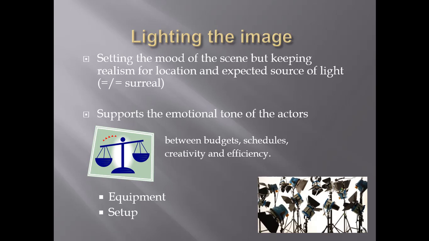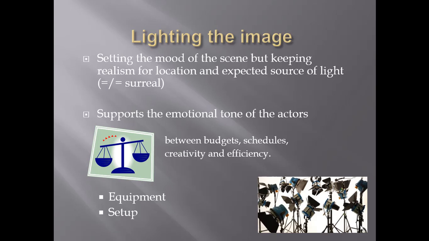And the other is to set the mood of the scene, set the atmosphere, create the emotional subcontext we have said in another chapter. So we would say that lighting the image is to set the mood of the scene, but keeping realism for location and expected source of light. And it should support the emotional tone of the actors.